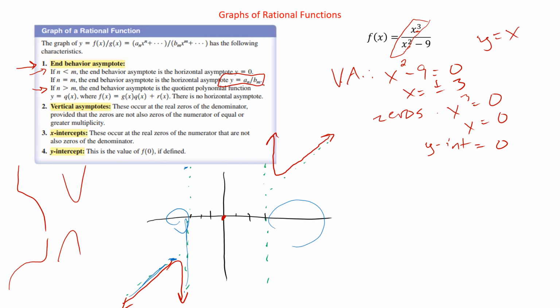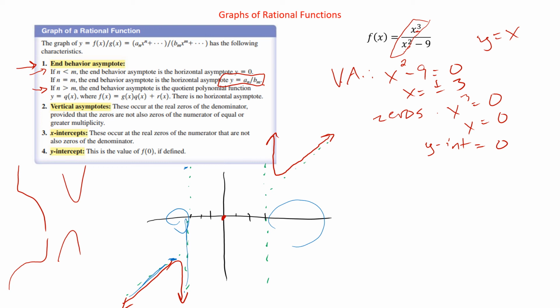So it's either going to be positive or negative for each one of them. For that, we just need to see if the graph is positive or negative. So if we plug in a value between the zero and the asymptote, let's say 1 and -1, we'll see if we get a positive or a negative value.